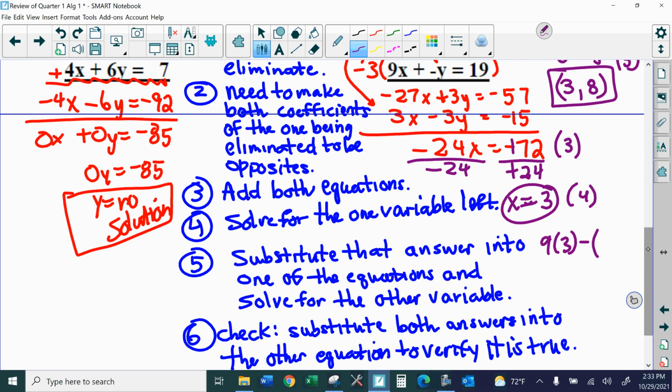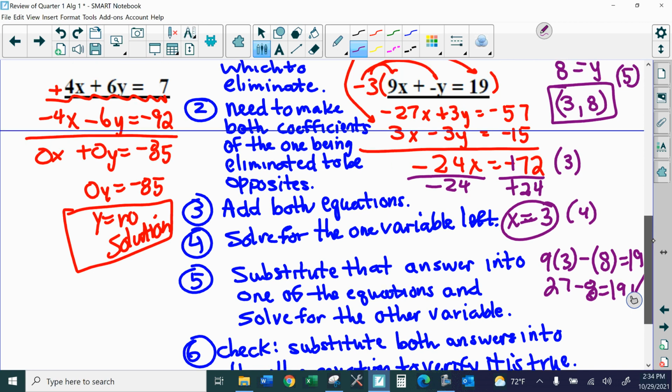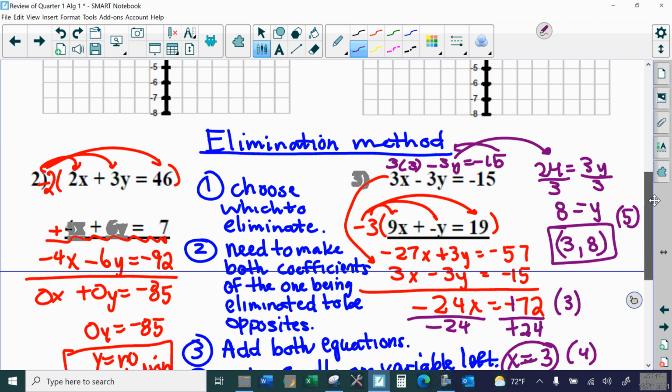Always put parentheses when you substitute in. And I substitute in 8. And does that equal 19 as it says? So I have 27 minus 8. Does that equal 19? Yes, it does. So I just checked it right there. So I guarantee that 3 comma 8 is the correct answer, which is the point of intersection. So if I was to graph those two lines, they would intersect at 3, 8.